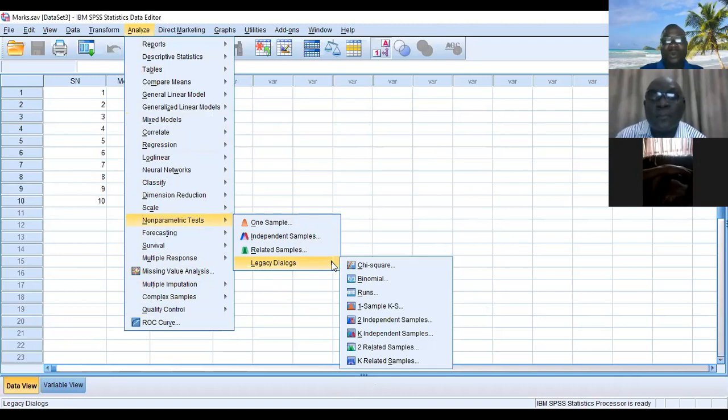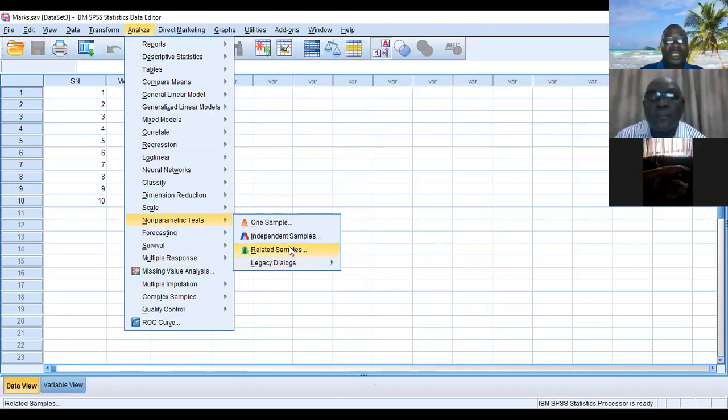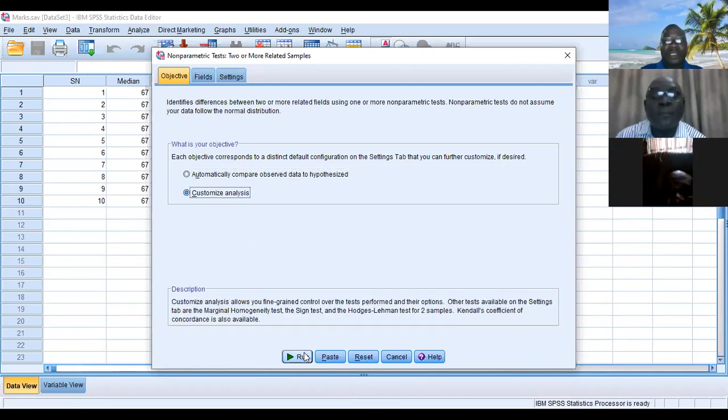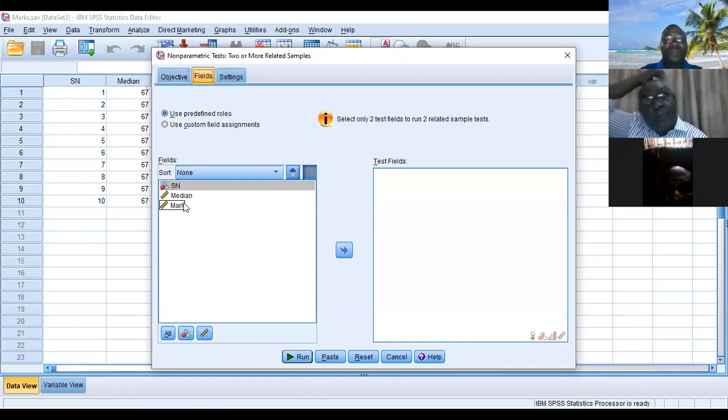Instead, you click on the related sample before that one. You click on customize. When you click on customize, you click on fields. When you click on fields, you put the mark. That's the field.